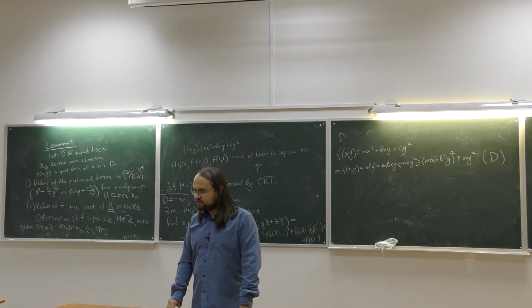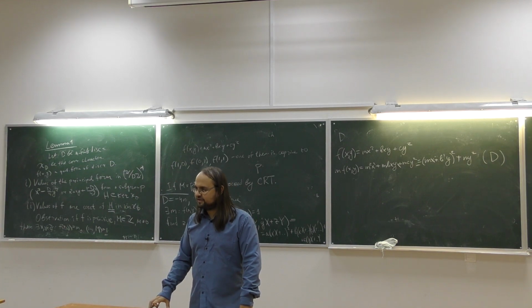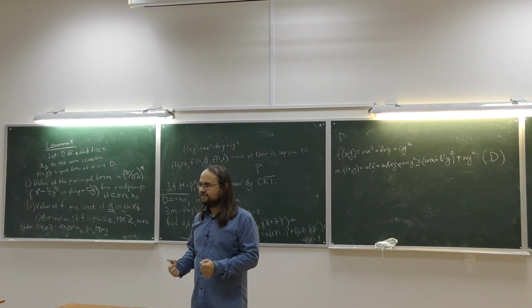If forms are equivalent, they represent the same residues modulo D. And if they are not, they still can represent the same residues. Then we call these forms of the same genus. Okay? So there is a class, and there is a larger thing called genus.